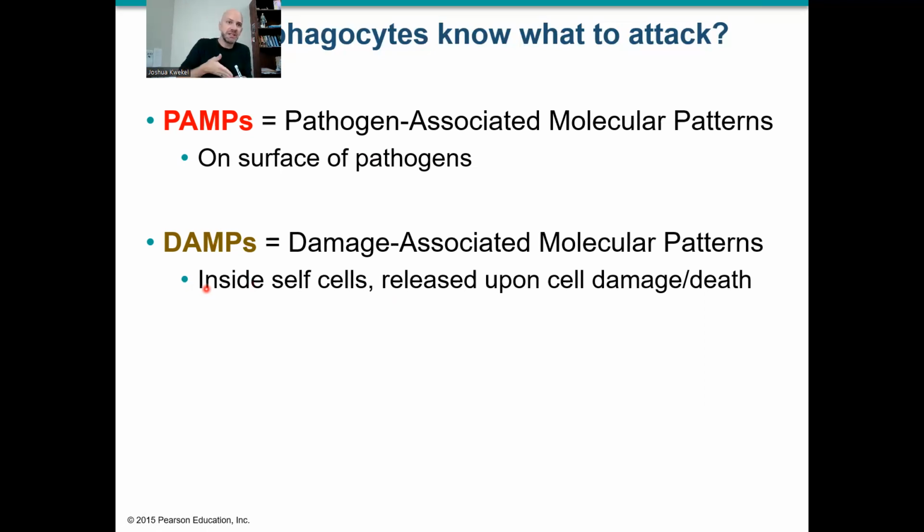It's a warning signal, like, hey, immune system, my cells are dying and breaking open, and these DAMPs are exposed, and then your immune cells can respond to them. So PAMPs and DAMPs are signals that communicate to the immune cell, let's get activated.